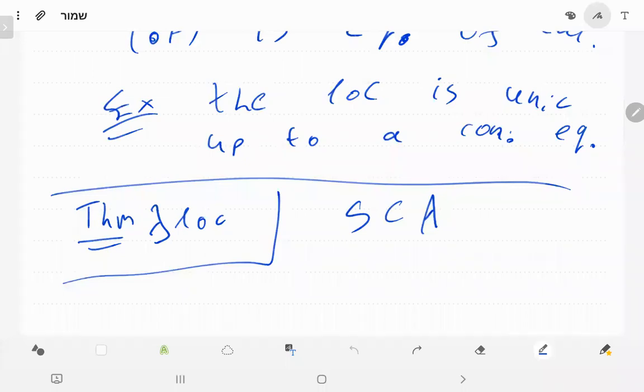The reason is that when you start to do localization naively, first of all, you cannot just say let's take elements that look like A over S. This does not even work in a monoid because the product is not commutative, so you have to write it like this, but then you also should write like this and like this, etc. And when you do it like this, it's completely not clear how to add such things. Basically you have to take the linear span of all such things up to some relations.